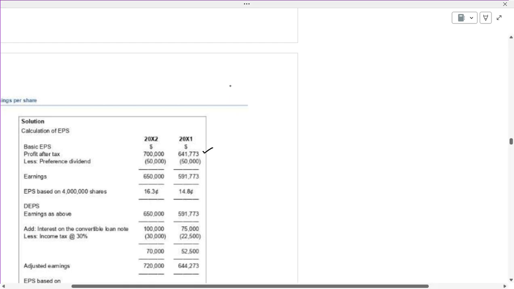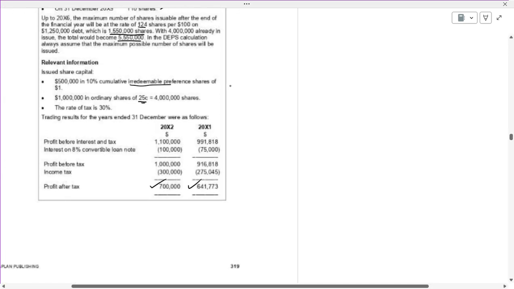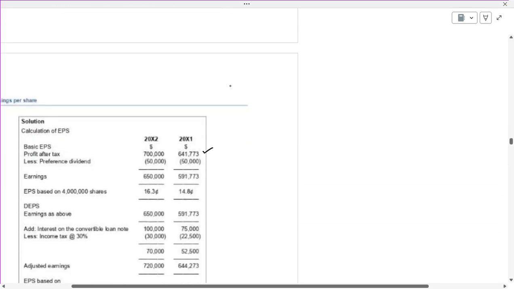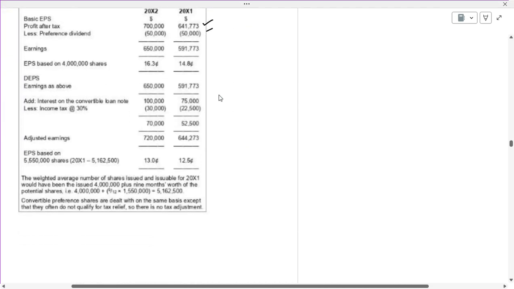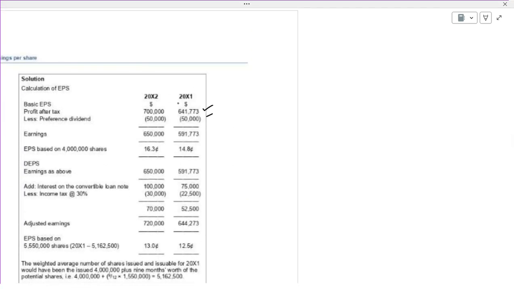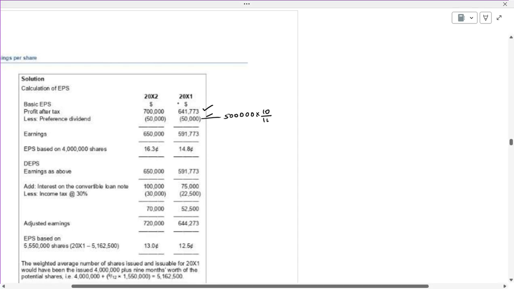706.73. They are paying preference dividend. Irredeemable means non-convertible. We are going to pay a rate of 10% on 500, that is 500 times 10 by 100, which is 50.